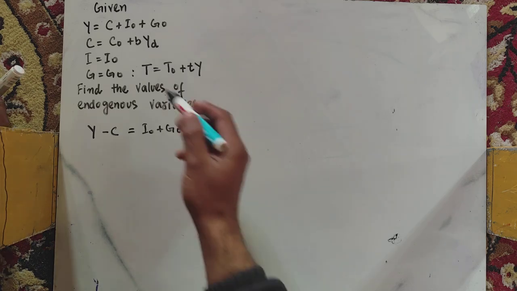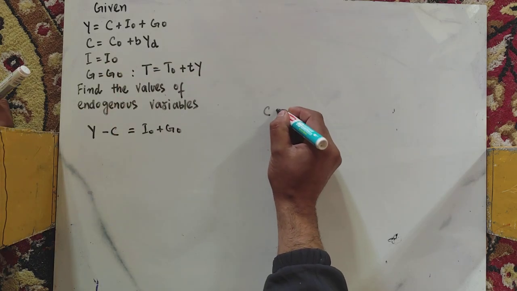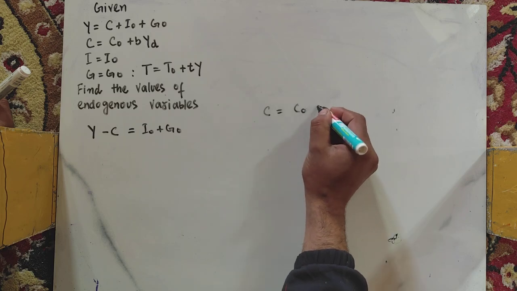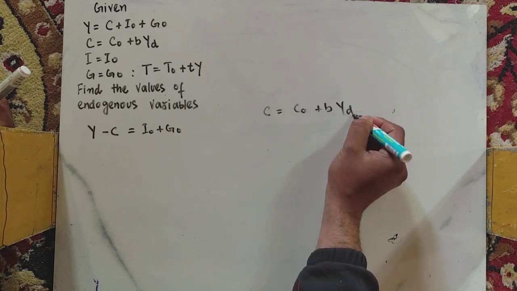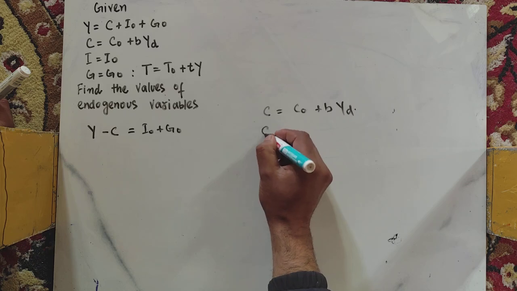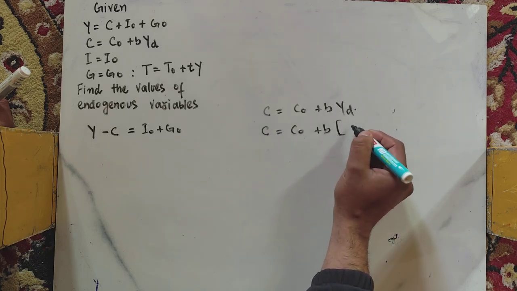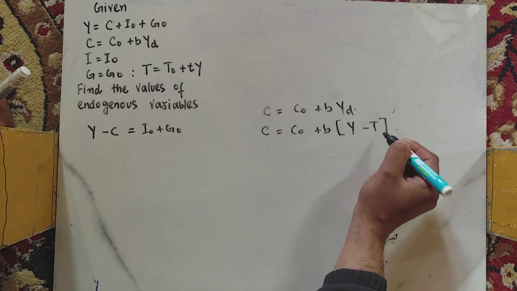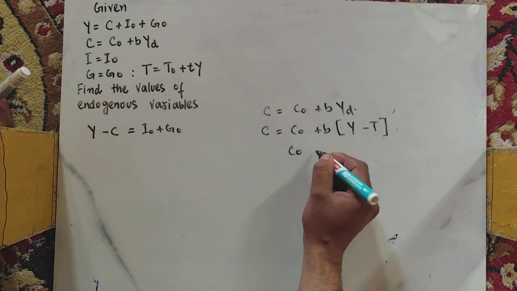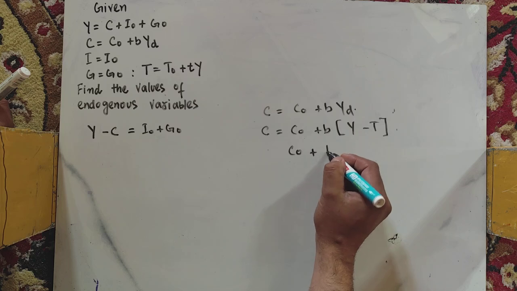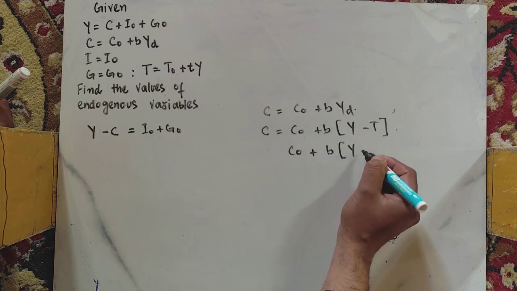Now for the second equation, since C is equal to C naught plus b Y subscript d, let me rewrite it first. C is equal to C naught plus b times disposable income, that is Y minus T. Or we can write C naught plus b Y. What is T?